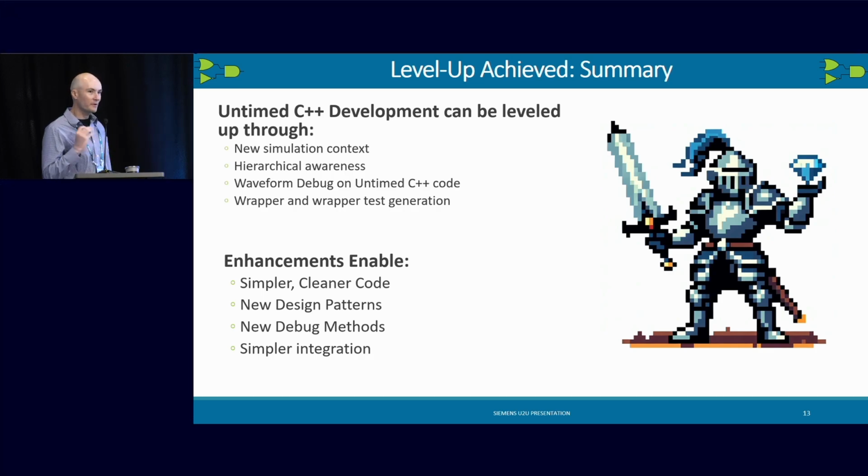Because really you want to move as much testing as possible into Untimed C and carry that forward. And in addition, we bring the debug methods, the waveform-based debug that RTL designers are used to, into the Untimed C space, and on top of that enable simpler integration into the RTL world.